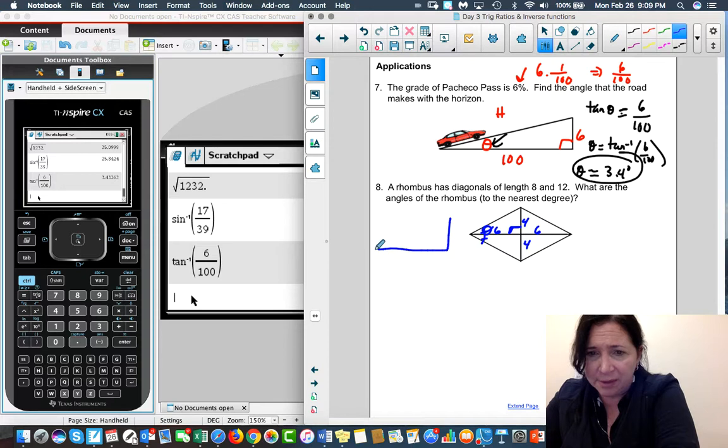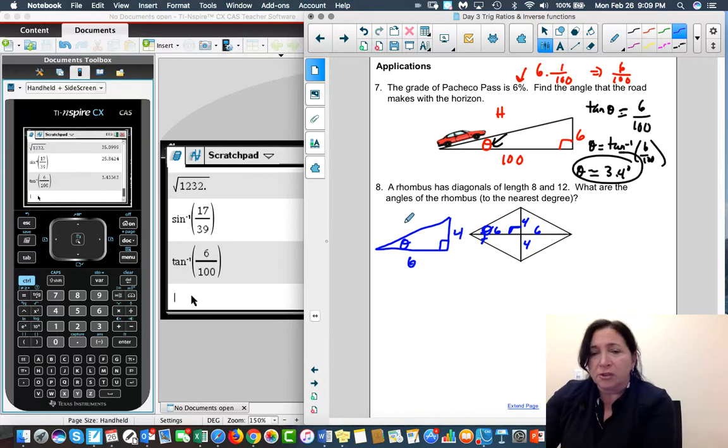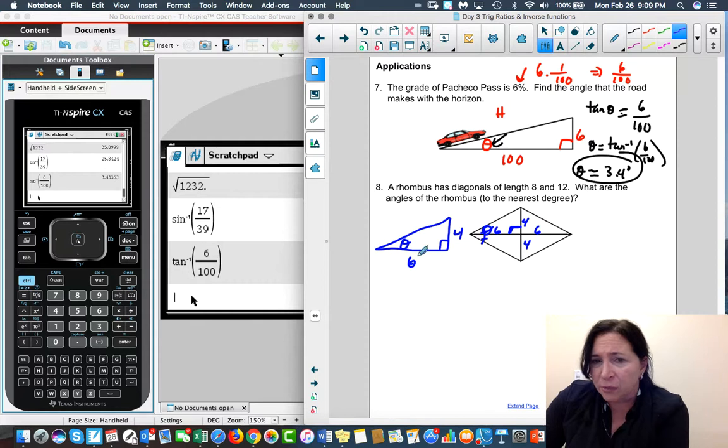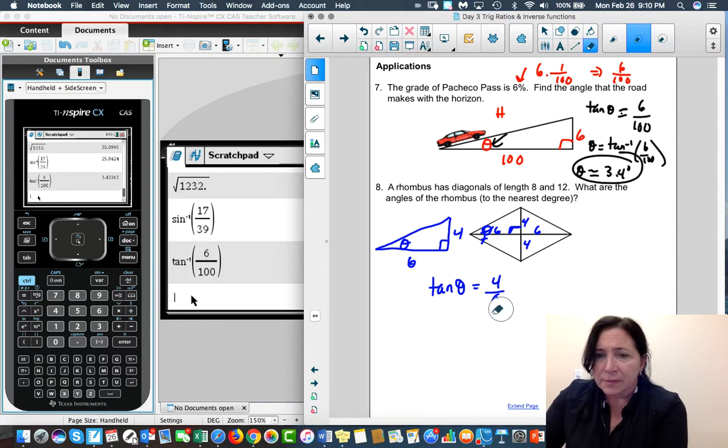So I'm going to rewrite this. I'm just going to look at one of the angles, which is right here. I know this is 6, and that's 4. I don't have the hypotenuse. I'm not trying to find the hypotenuse. So I'm going to use tangent. So we're going to say tangent of theta, it's always the angle, is equal to the opposite side over the adjacent side, so that's over 6. So tangent is equal to 4 over 6.